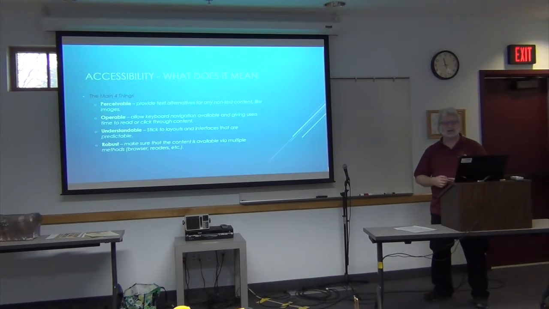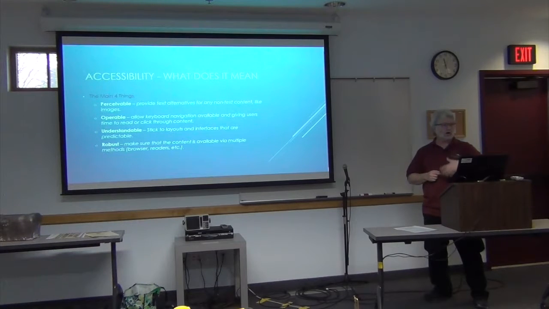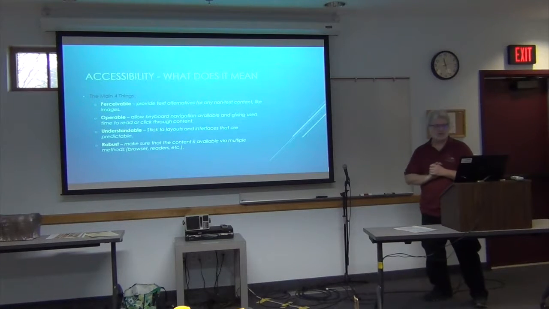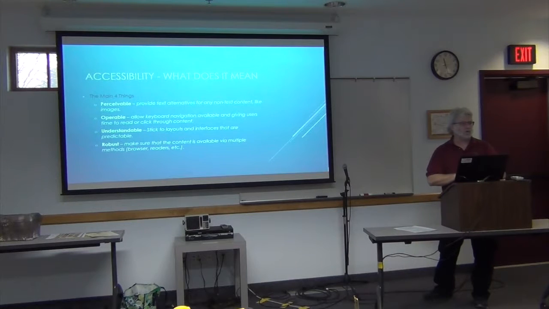If I turn my images off, because let's say I'm in the country and I have crappy DSL or I'm still on dial-up, I'll turn my images off. If you do not have alternate text on your images, which you can do with WordPress when you upload media, they get a big blank nothing. So that is totally not perceivable. They have no idea what that was.